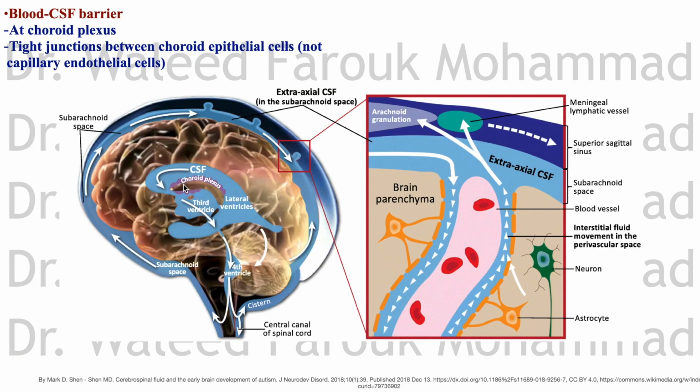The blood-CSF barrier we talked about is a barrier between the blood and the CSF, present at the choroid plexus, because there are tight junctions between the choroid epithelial cells. Please do not confuse that with the blood-brain barrier, which is formed by the foot processes of the astrocytes on the surface of brain capillaries.